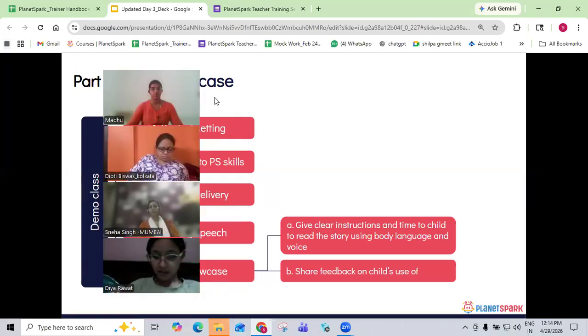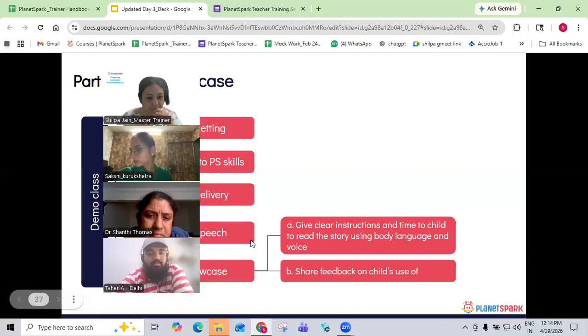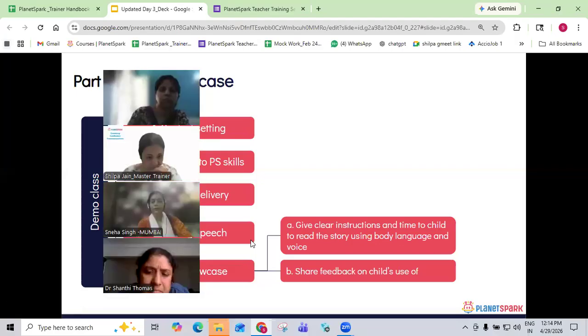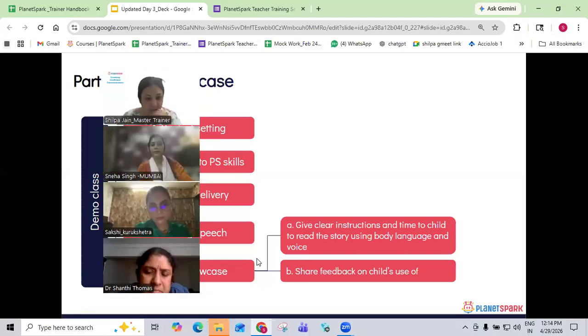I would invite Sneha Singh to read what happened in the final showcase, please. Sneha? In a final showcase, it's context setting. No, I just want you to read what happened in the last part. These 2 pointers, please.